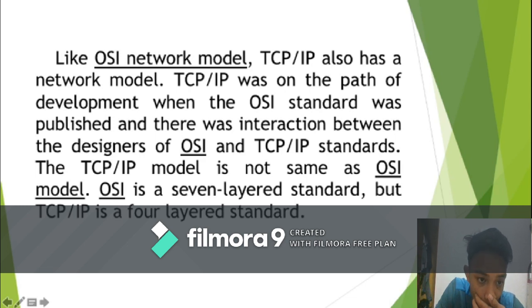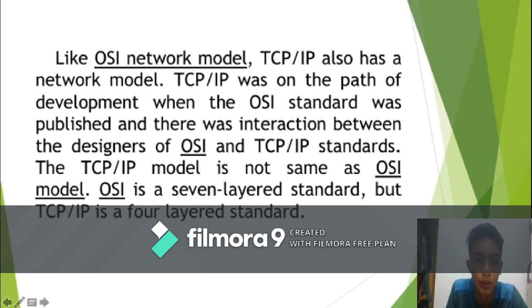Next one is the internet layer, the second layer of the four-layer TCP/IP model. Its position is between the network access layer and the transport layer. The internet layer packs data into data buckets known as IP datagrams, which contain source and destination addresses.